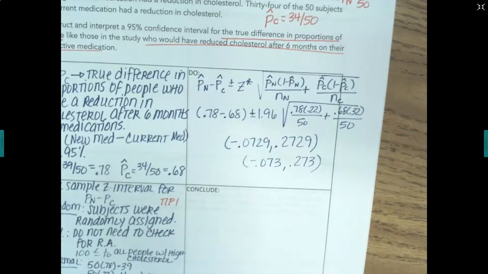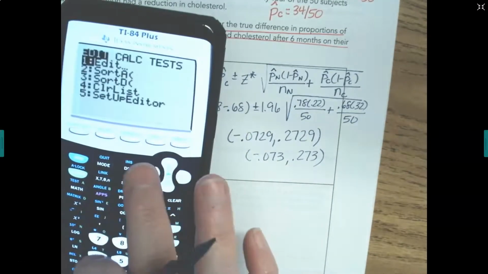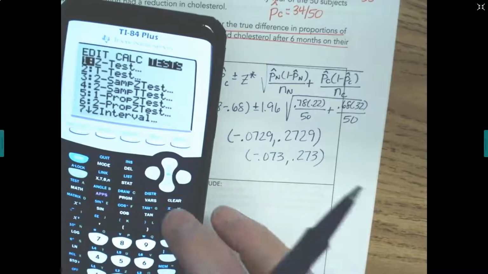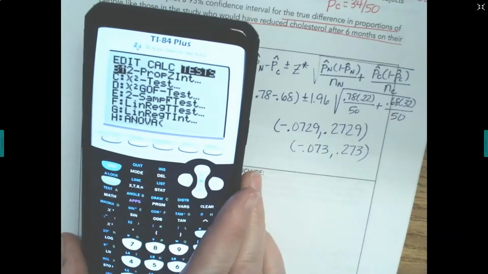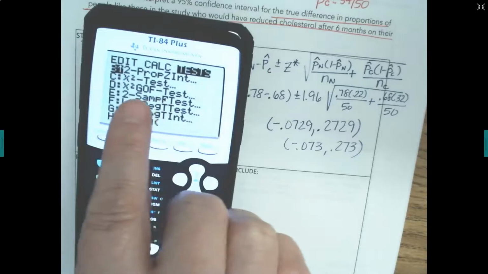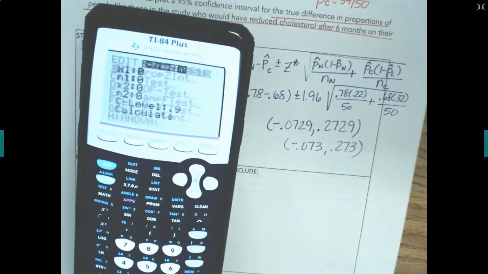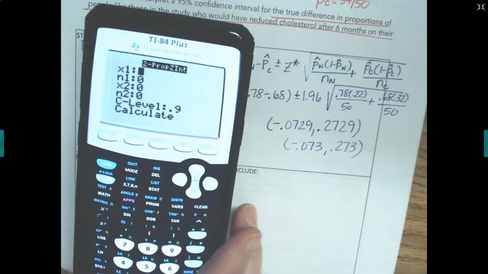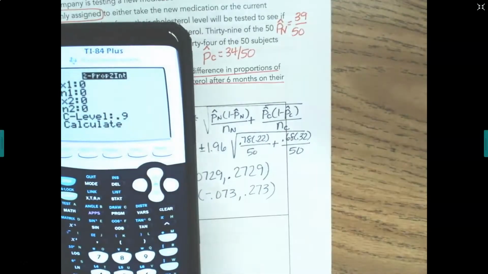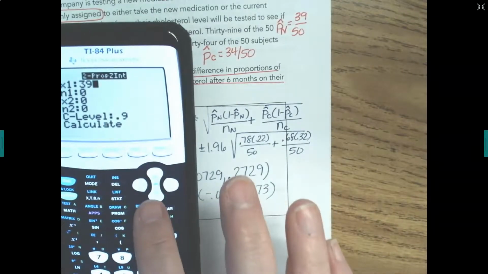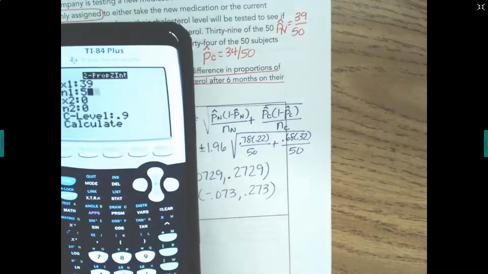So you can check this in your calculator by going into the test again. So we'll go stat over to test, and this is a 2-sample proportion. They say 2 proportion Z interval. So going back to our p-hats, we had 39 out of 50, and the second one was 34 out of 50.